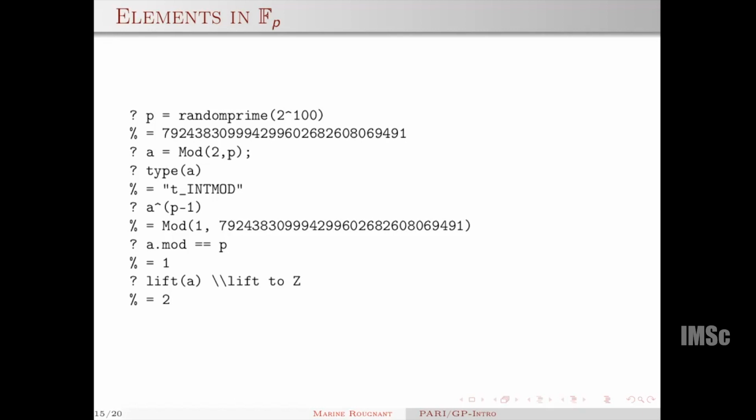If you don't want this to be printed, just temporarily to have a quick vision of what you are doing, you can lift it to this. Sometimes, I think I did not write it in the exercises, you can also use centerlift. It's the same thing. You have two different functions with different names, but basically they are the same.